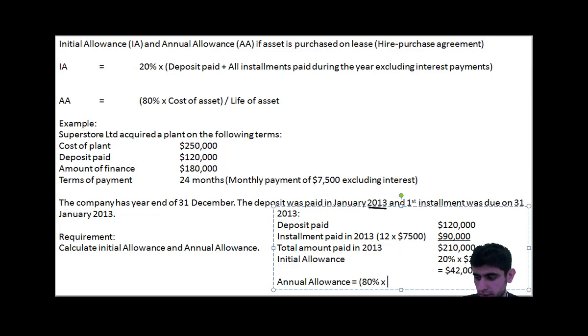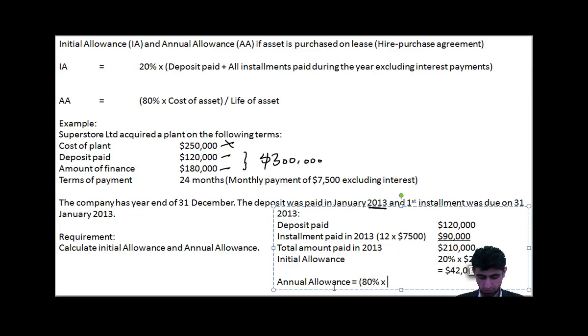Now the cost of asset is, you see, if I have paid deposit equal to 120 and finance available is 180, that means the total cost of asset is 300,000. Please don't take 250 because we are not purchasing on cash, so that is irrelevant. The total cost we have to pay is 300,000.